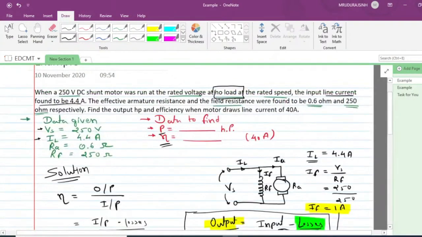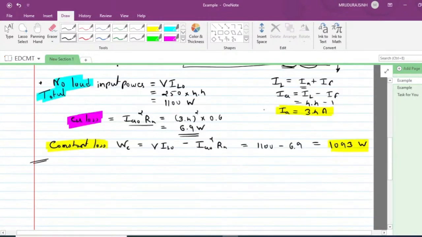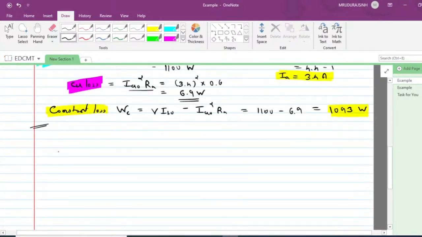To calculate the copper loss, we need to focus on this condition, because we want to calculate the efficiency and the output power at 40 ampere line current. So we are going to calculate the input power and output power at this condition.